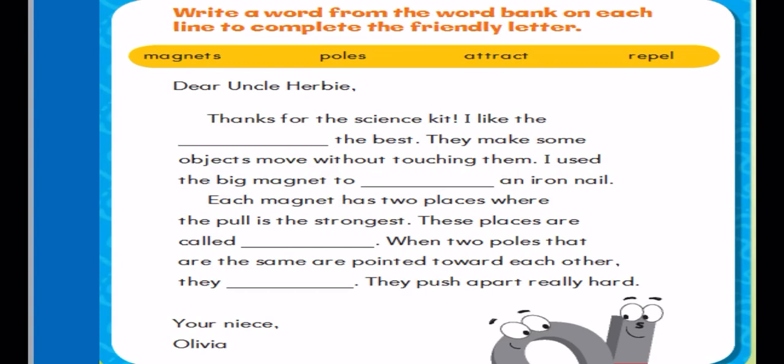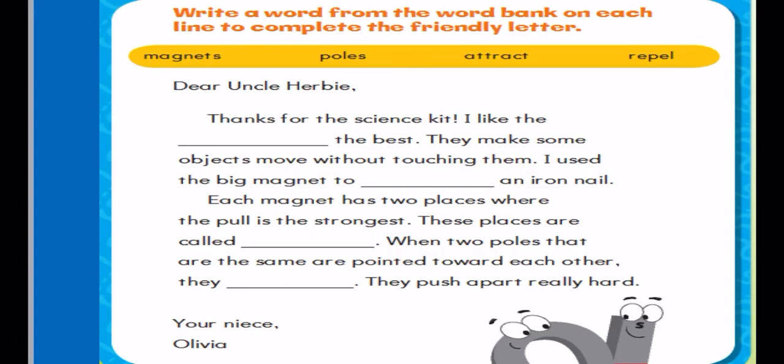Each magnet has two places where the pull is the strongest. Oh, I remember that one. These places are called what? What do you call the place where the pull is the greatest? All right. When two poles that are the same are pointed toward each other, what happens?